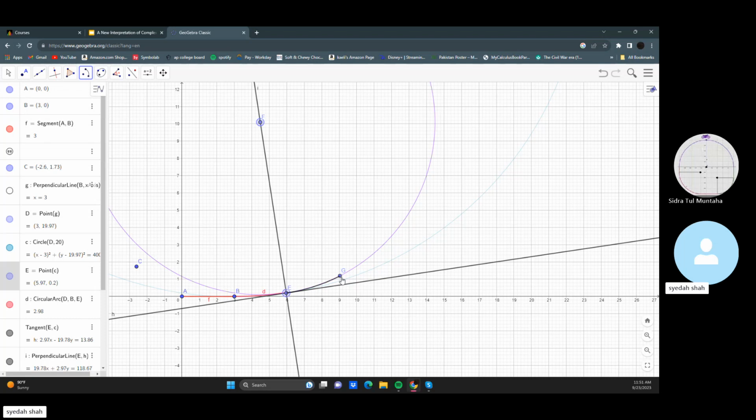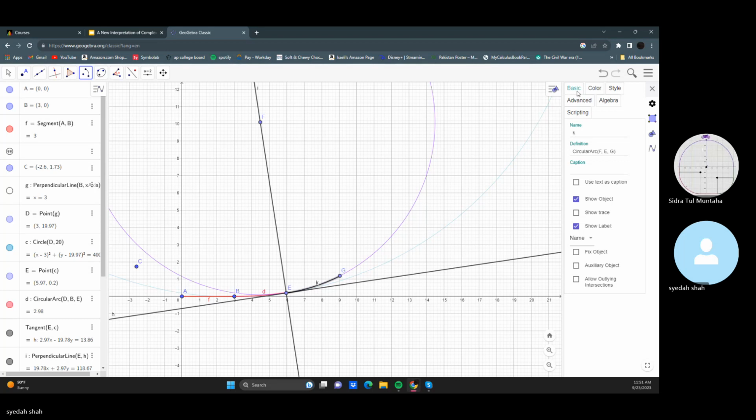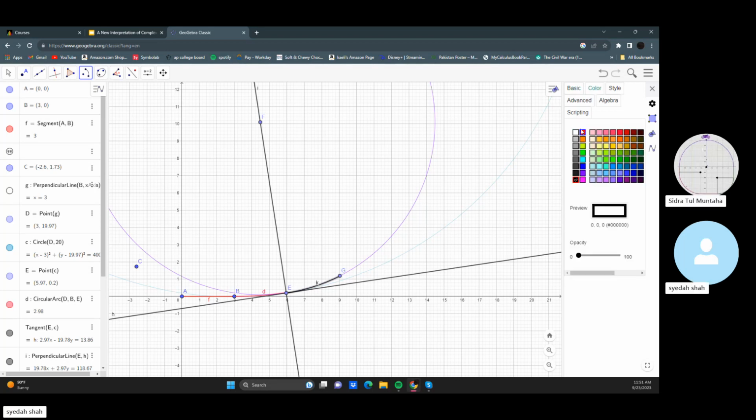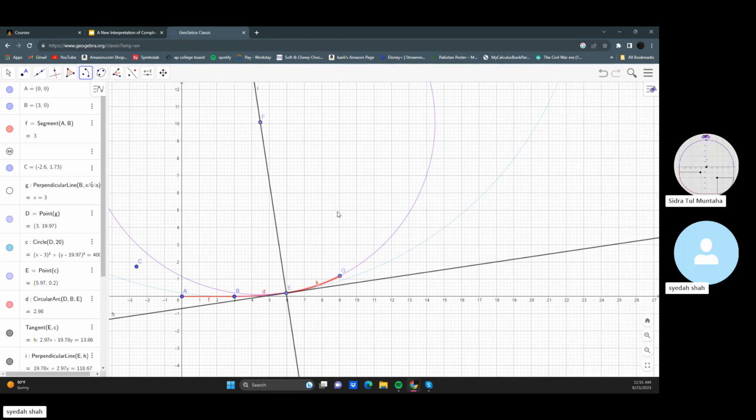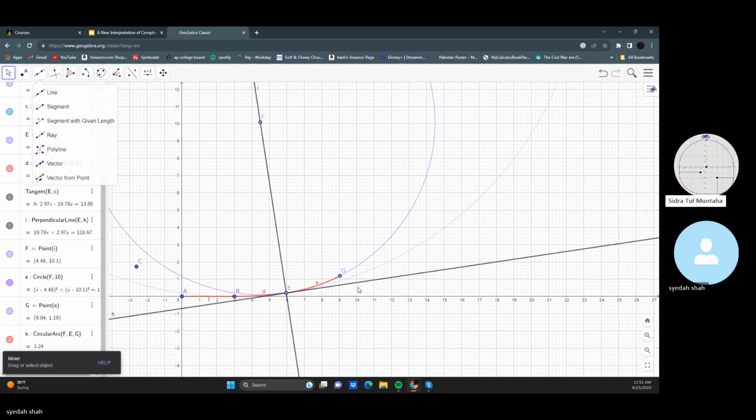Then E and G. First F, then E, and then G. Yes, now you can change the colors. And the length of this arc is 3.